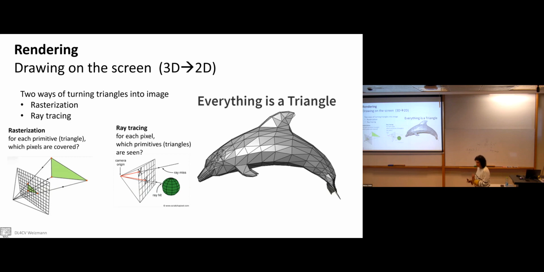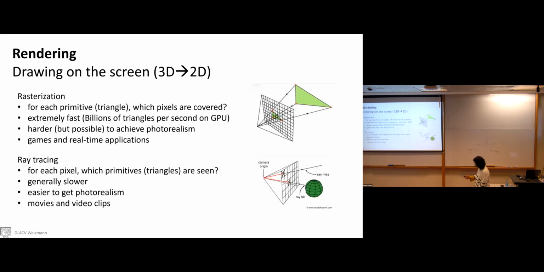What do you think, which is more efficient? Rasterization is very efficient, yeah. And the other one is not very efficient. The application also, due to this, is very different, okay? So rasterization, for each triangle, which pixels are covered? It's extremely fast, but it's harder to achieve photorealism because you cannot ask yourself whether object A is shadowed by object B, etc. It's more complicated.